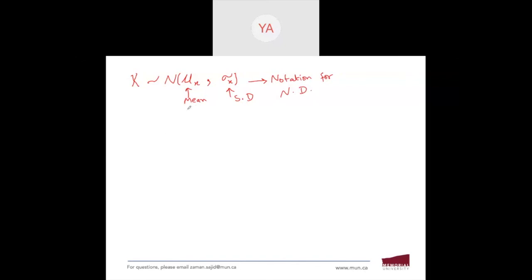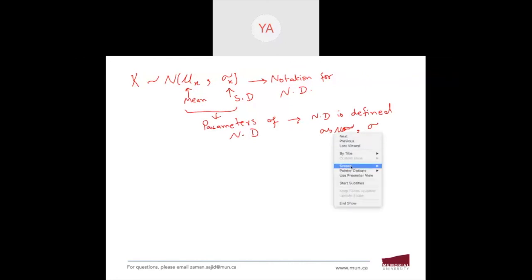And these two, the mean and the standard deviation, are the parameters of normal distribution. By that I mean to say the normal distribution is defined by the mean value and your sigma.